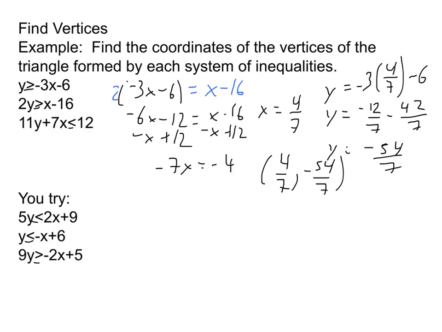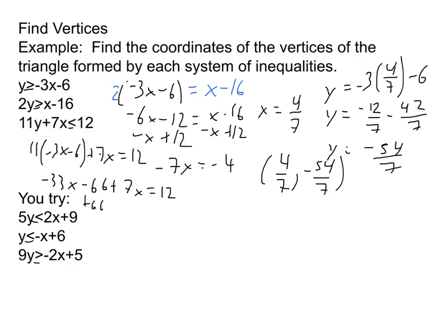Alright, then we have to find the vertices for the other two. So if I'm trying to find where the first line and the third line meet, I'm going to just use substitution again and go, okay, 11 times y, which is negative 3x minus 6, plus 7x equal to 12. So that's negative 33x minus 66 plus 7x equals 12.